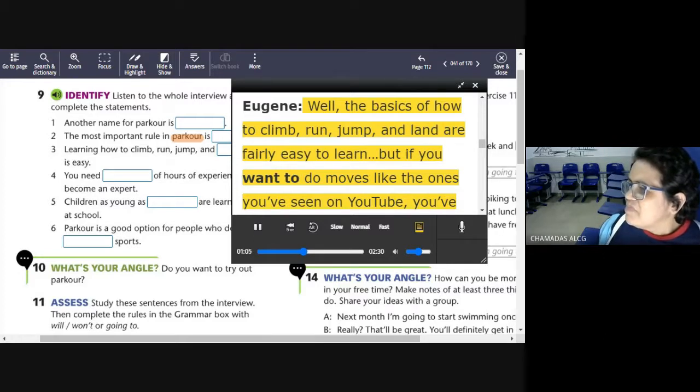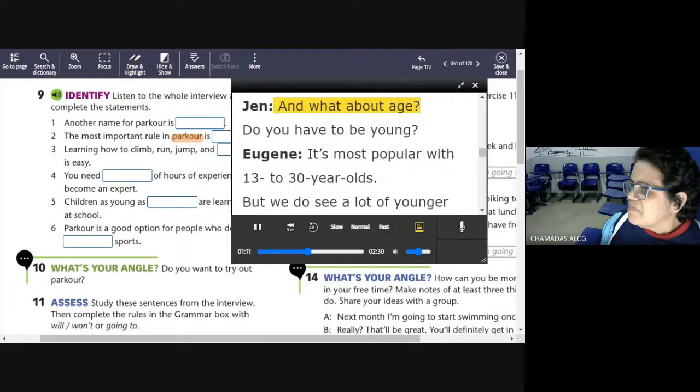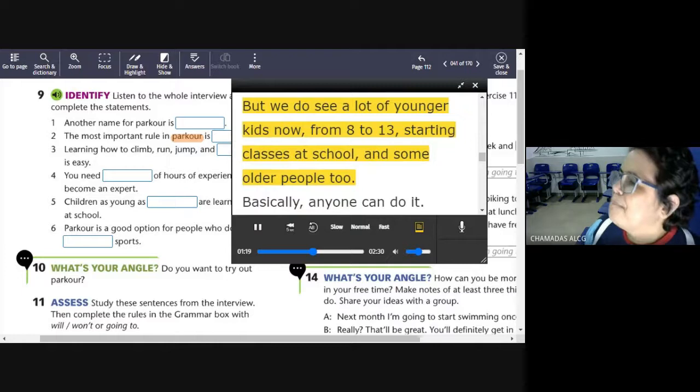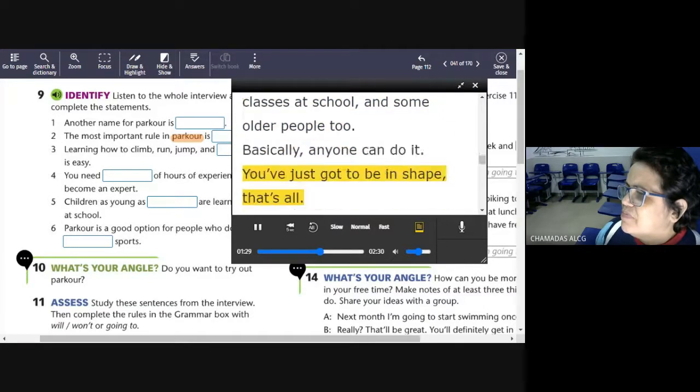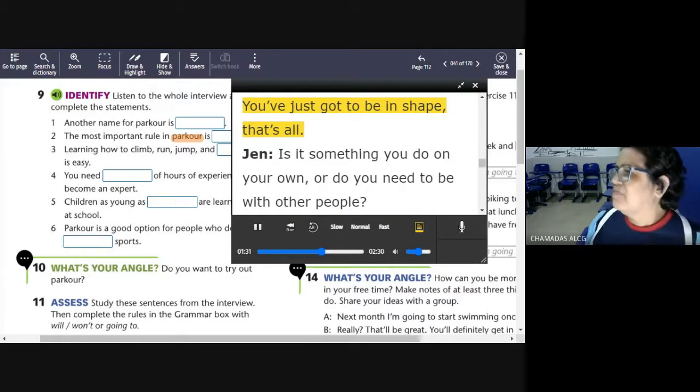But if you want to do moves like the ones you've seen on YouTube, you've got to practice thousands of hours. And what about age? Do you have to be young? It's most popular with 13 to 30-year-olds. But we do see a lot of younger kids now, from 8 to 13, starting classes at school, and some older people too. Basically, anyone can do it. You've just got to be in shape, that's all.